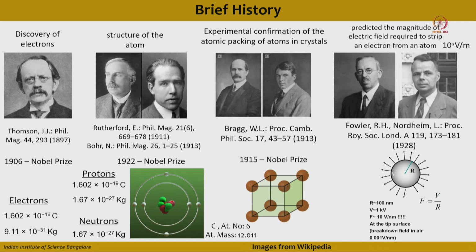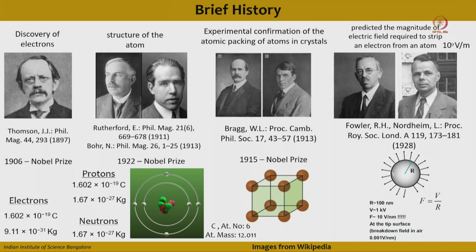In 1928 a big development happened, where Professor Fowler and Nordheim showed that by providing an electric field, we can actually strip the electron out of the atom.